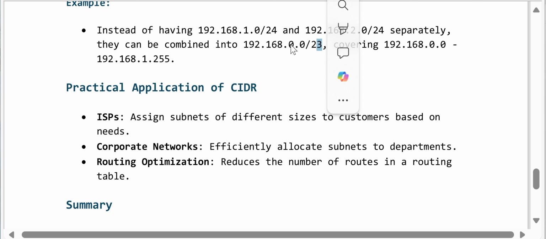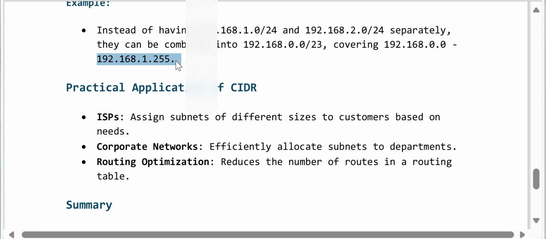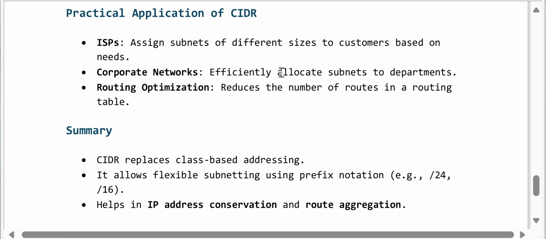So you're going to go from 24 to 23. And you can just combine it. Boom. You'll be able to use this all in one subnet, and supernet instead of having two separate subnets.